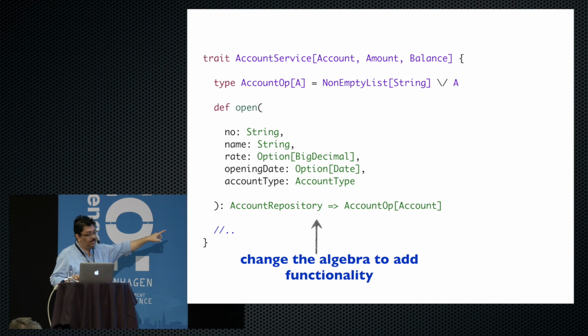The return type explicitly says that we need an account repository from where to fetch data, and that will result in the result type. So, an explicit change in the algebra.